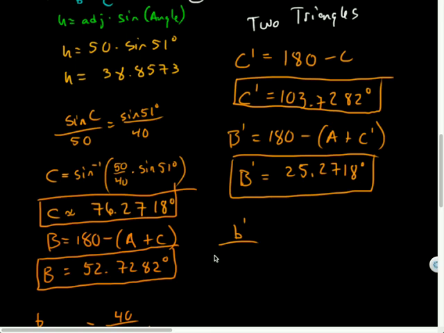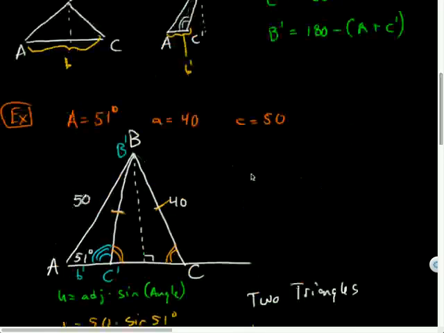So little b prime over sine of 25.2718 should equal, and are the a's the same in this case for the little triangle? Yeah, right? So these are the same. This is still 40. This is still 51.